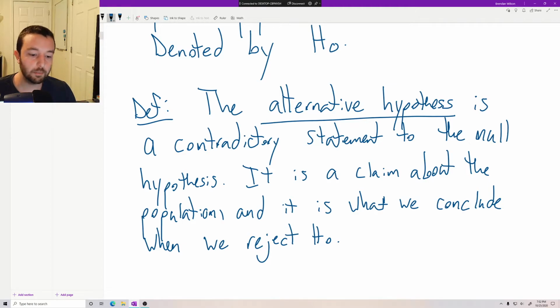Okay, so it's a little bit confusing because we're kind of using double negatives here, right? We're rejecting the null hypothesis, and we're always looking at the null hypothesis and whether we reject it or fail to reject it. We're not usually stating it as accepting the alternative hypothesis. Instead, we would say reject the null hypothesis. Okay.